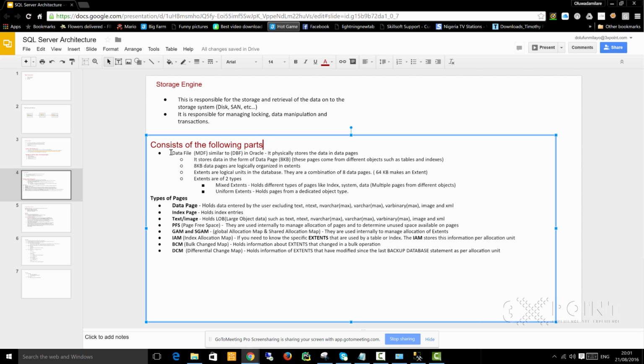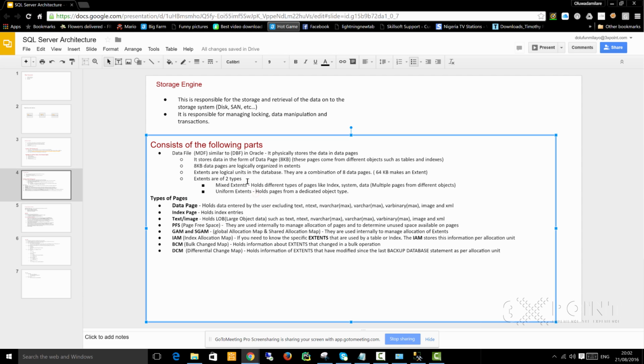The storage engine consists of the following parts, and the part we're about to talk about is very important, because it is a very important part of the interview process. Some interviewers would like to test your understanding on this, so they can ask you a few questions in terms of data pages and all of that. So I would implore you to pay a lot of attention to this area.